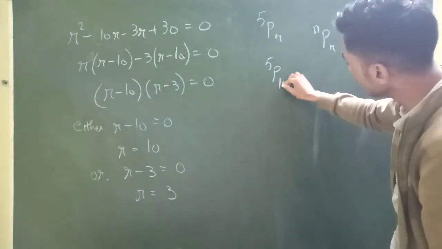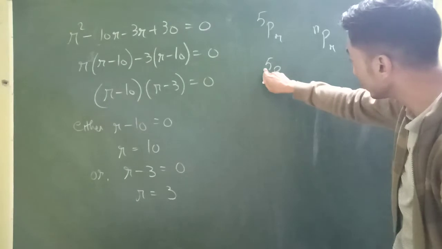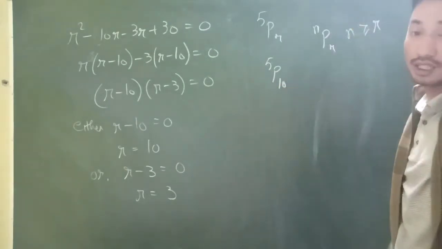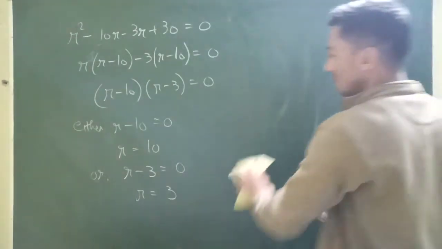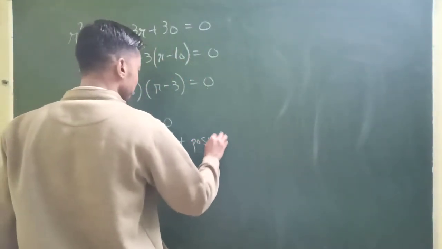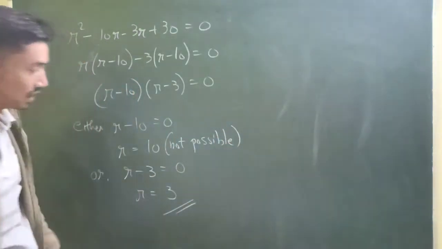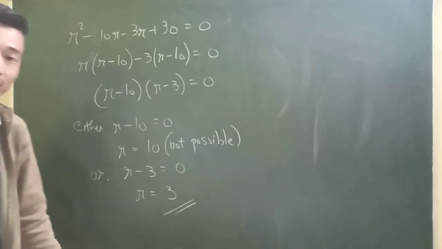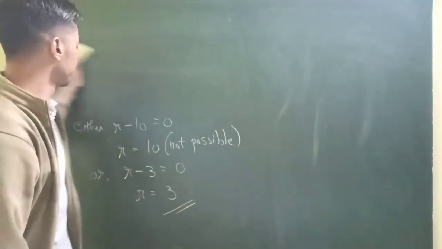So here 10 is greater than 5, which is not possible. This should always be greater or equal to, at the most. This cannot be greater. So in that case, r equal to 10 would not be possible. So that means the required value for us would be r equal to 3.